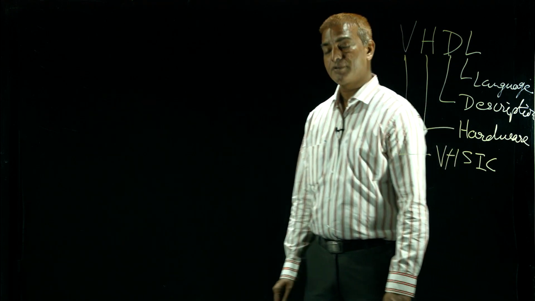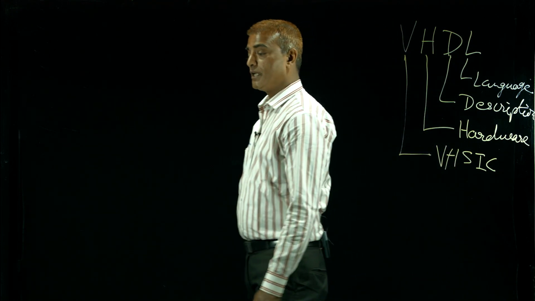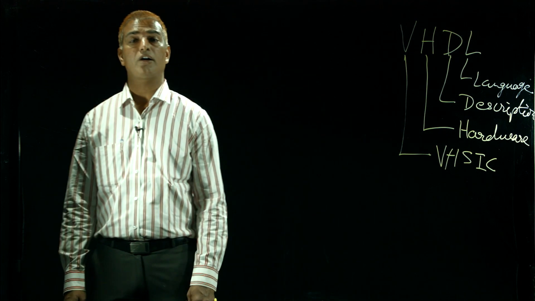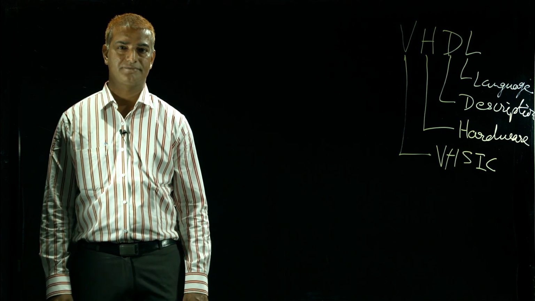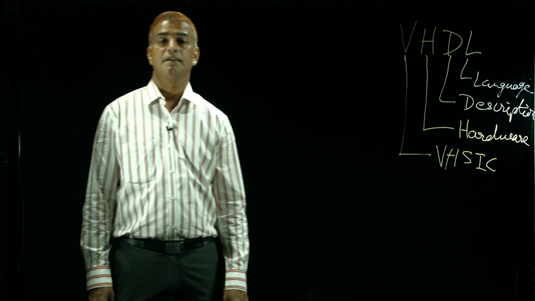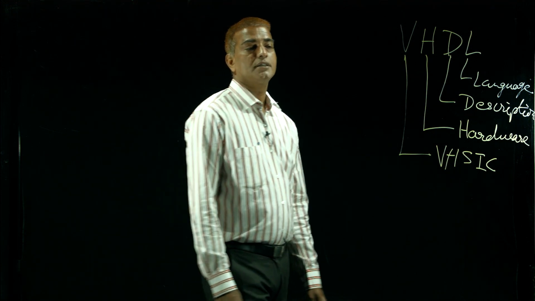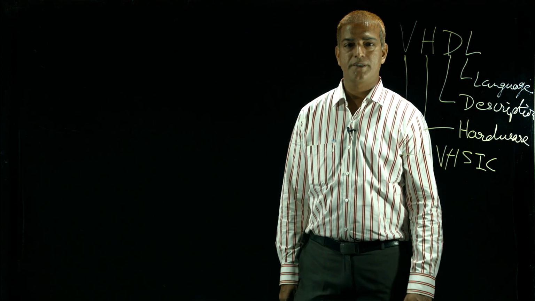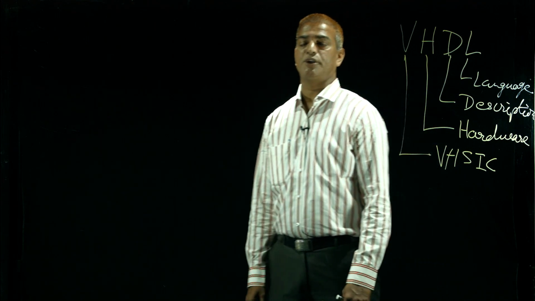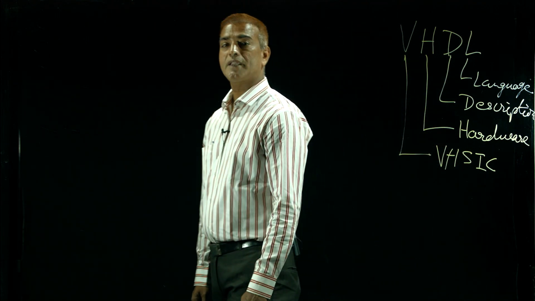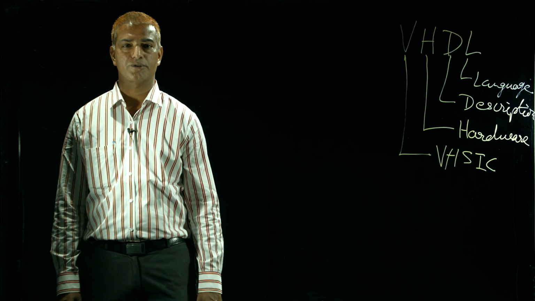In the behavioral way, we first study the behavior of the circuit which we need to implement, and after studying that circuit, we write the code as per its behavior, in what way that circuit gives the output.